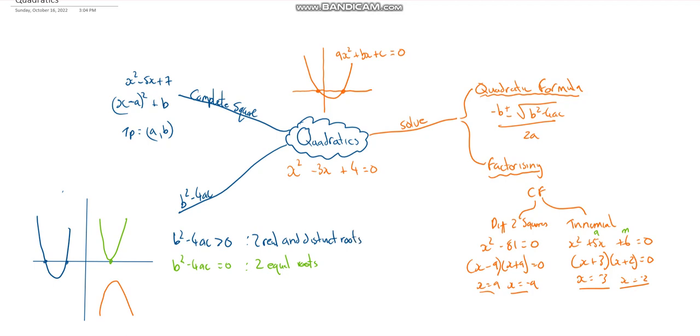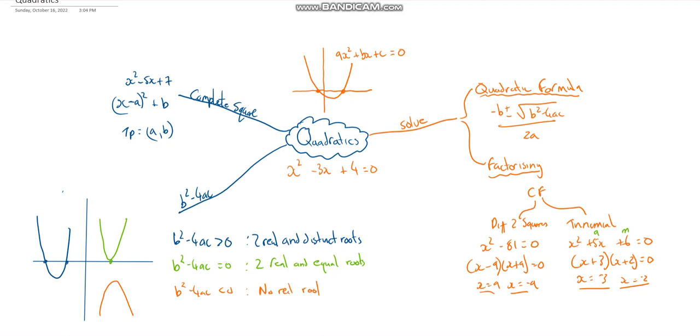And this one I should really say two real and equal roots. And the one in orange, b squared minus 4ac is less than 0. For that one, we have no real roots.